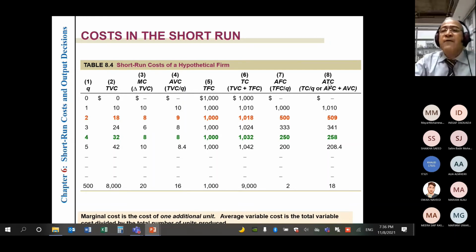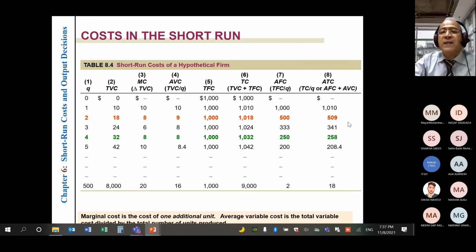What is average total cost? So how much does this kilo of tomatoes cost me on average? We have two methods. The first one, go to total cost, 1,018 divided by 2 units, so it equals 509.